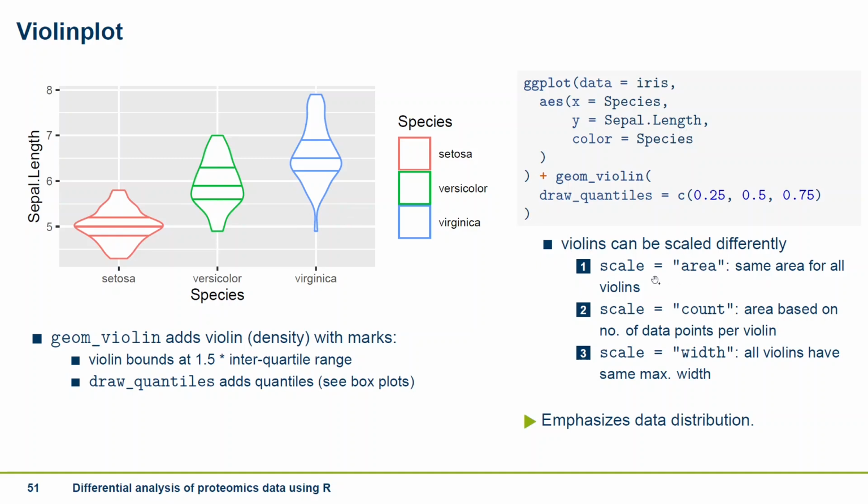For example, each violin plot should have the same area, or the area should be based on the number of data points, or all violin plots have the same maximum width. These are different options here. This also has some summary statistics, but emphasizes more the data distribution, like a density plot, for example.